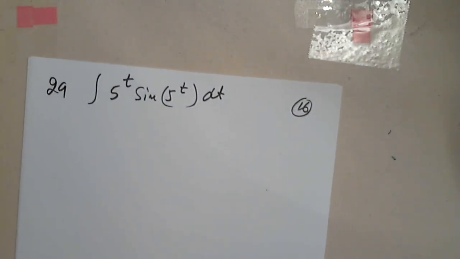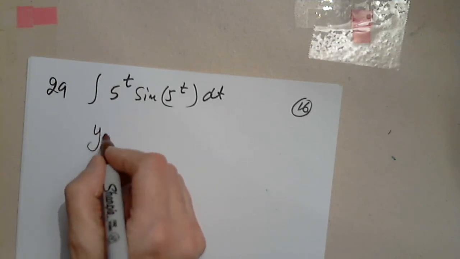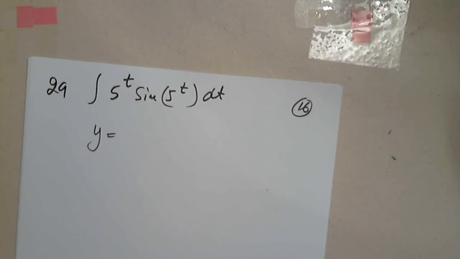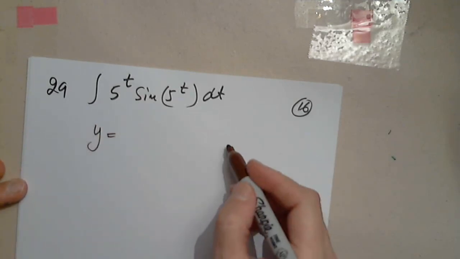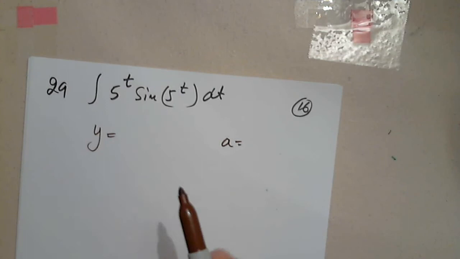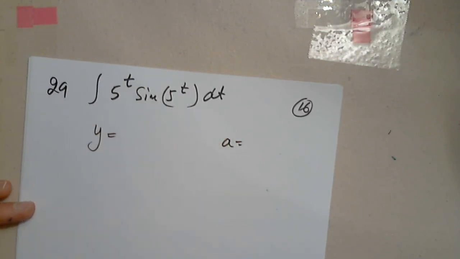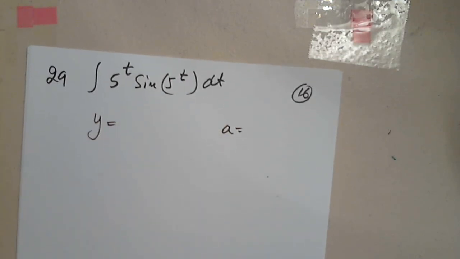Now I would like you to come up with a substitution. Let y be, or u, anything, any letter you like, as long as you don't use t. For this problem we cannot use t.